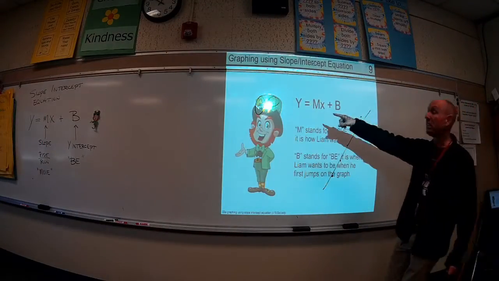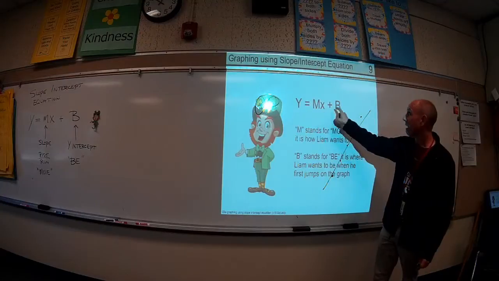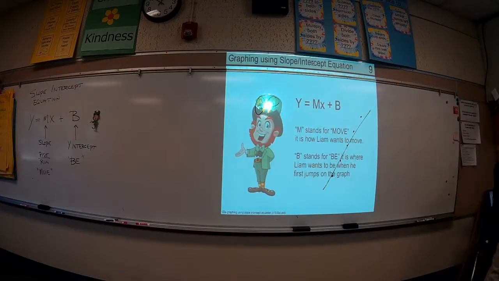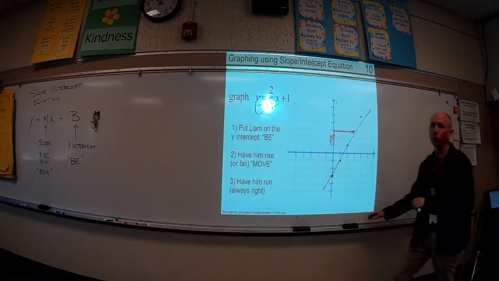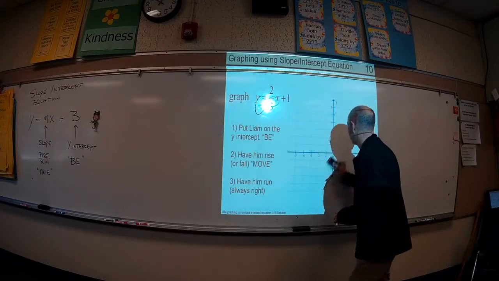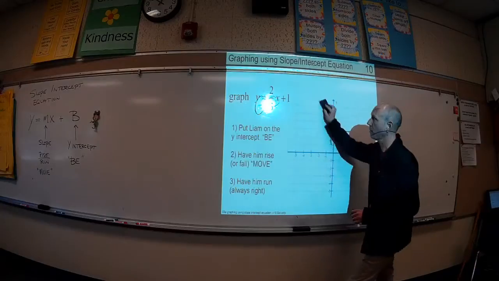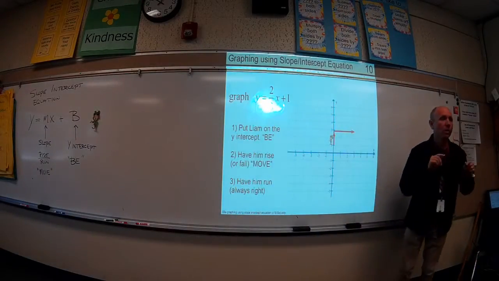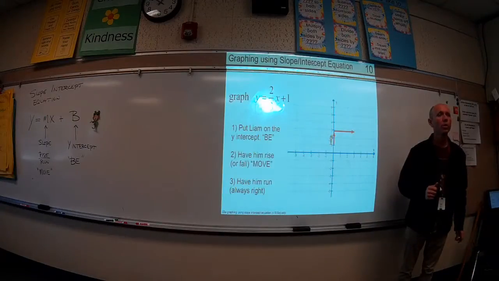He knows this equation. He knows this is his move, and this is where he wants to be. I'm going to do the first one with you, and then we'll do a whole bunch after that. Looking at this equation, tell your neighbor, where does Liam want to be?